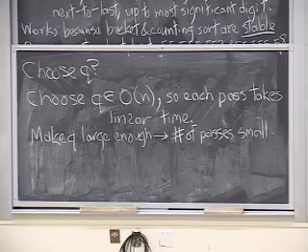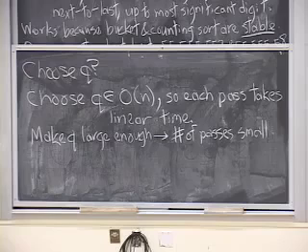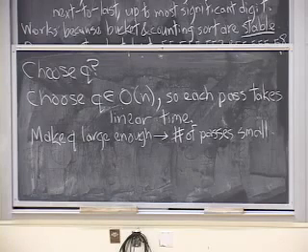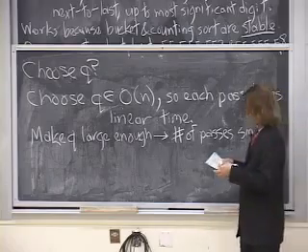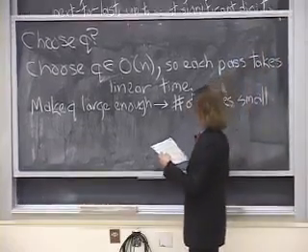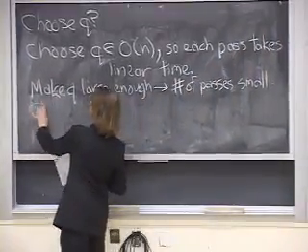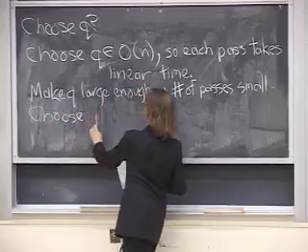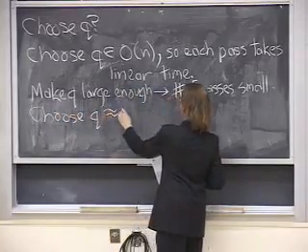That's the other constraint that we want to satisfy. And so, it probably will come as no big surprise that I'm going to suggest that you choose Q to be approximately equal to n.